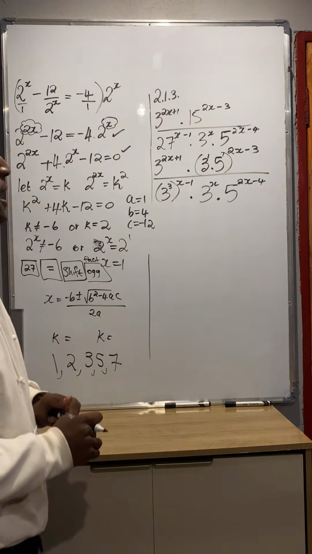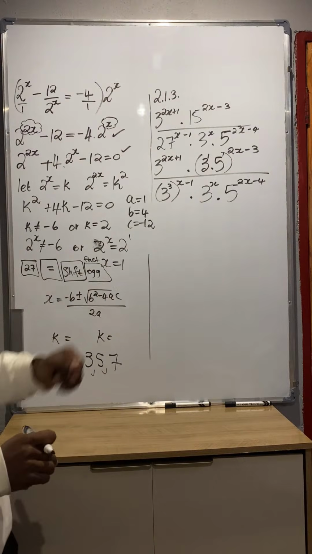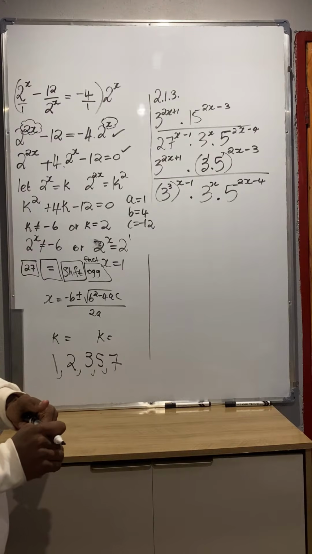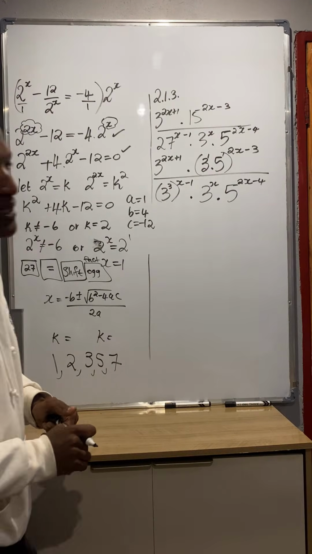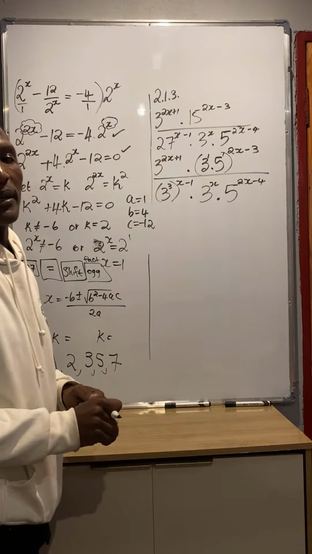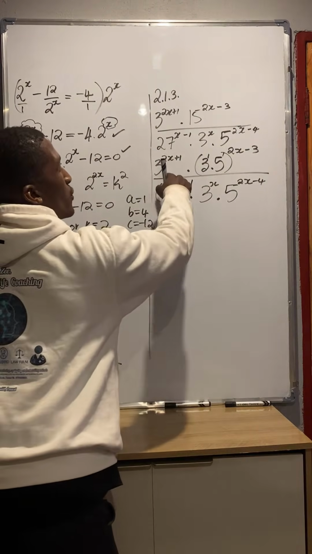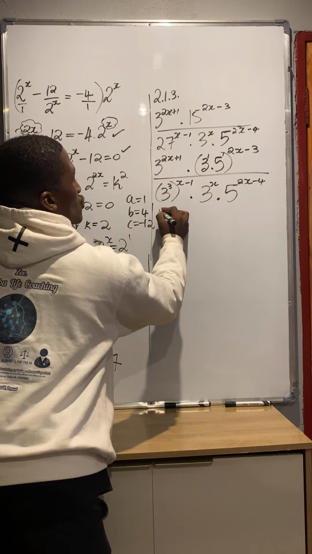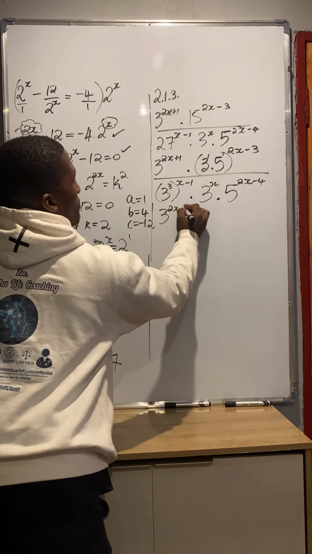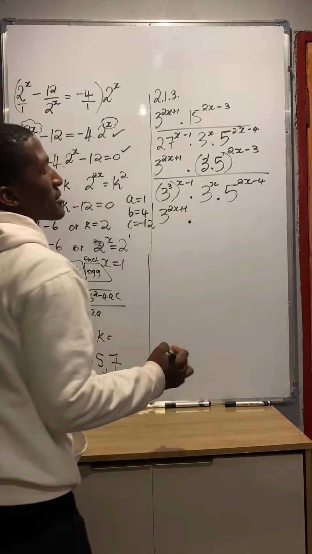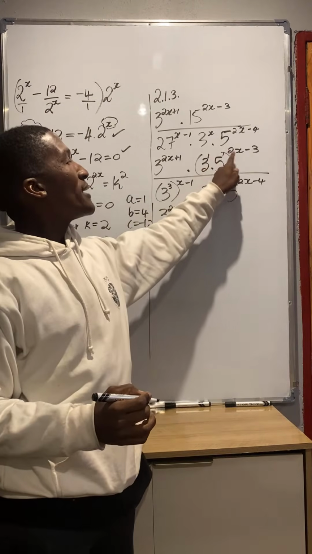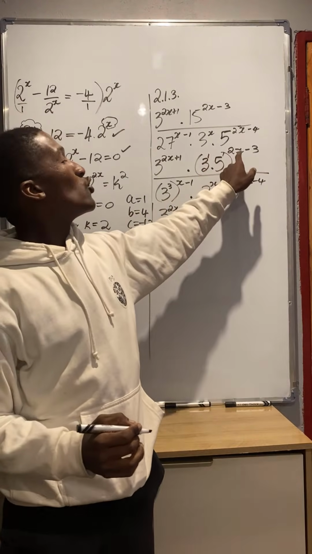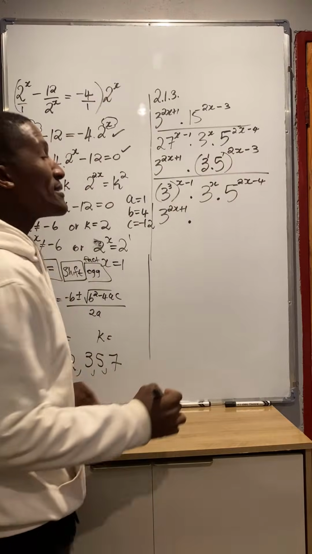This one we leave, so it is still going to be 3 to the power of 2x plus 1 times, then I'm going to say exponent of 1 multiplied by 2x minus 3. And my answer is still going to be what?